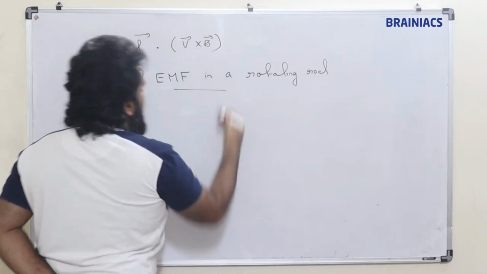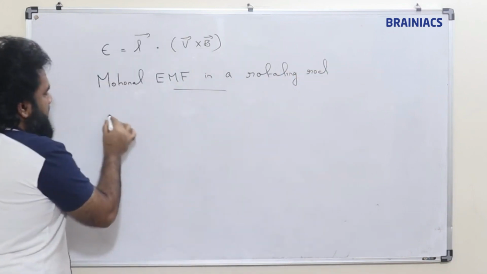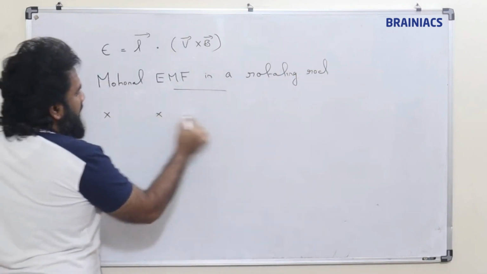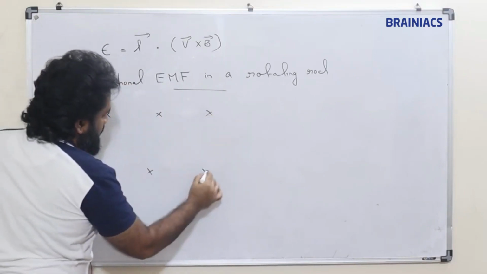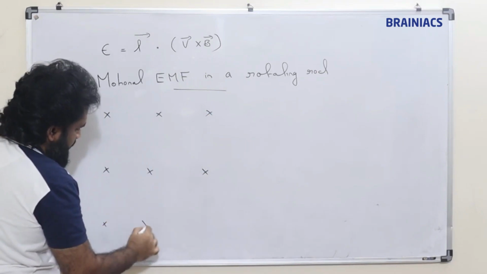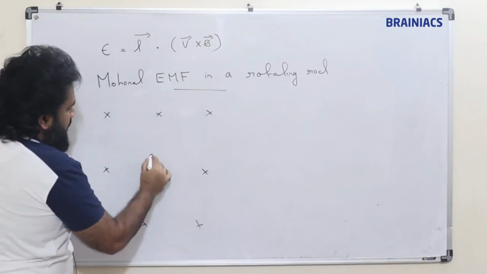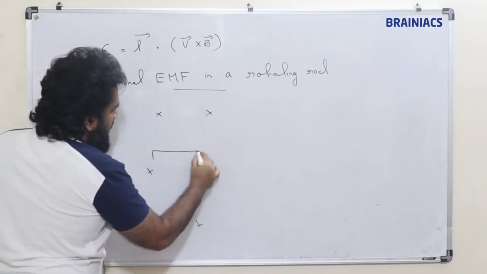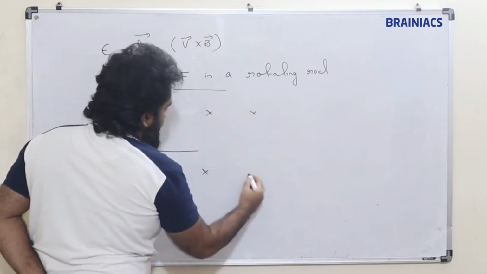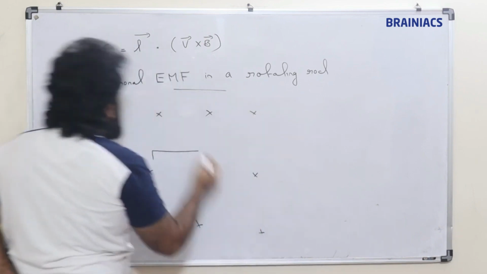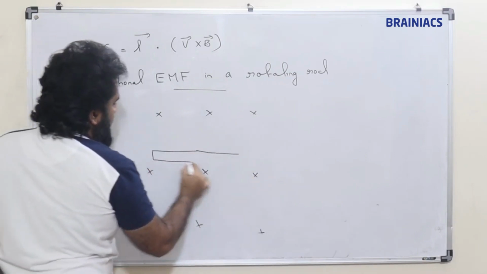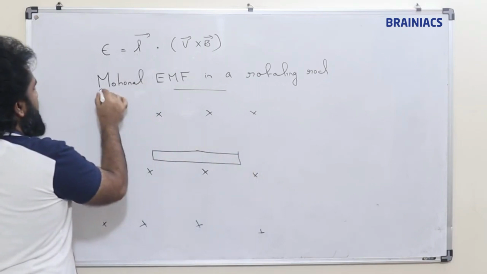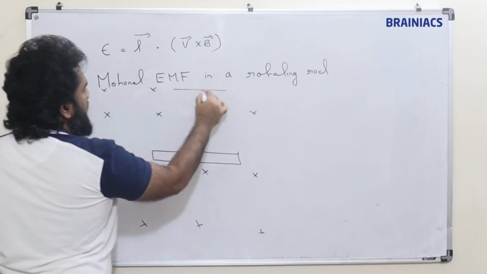In a rotating rod, consider a magnetic field. Here there is a rod, and we can consider the magnetic field.